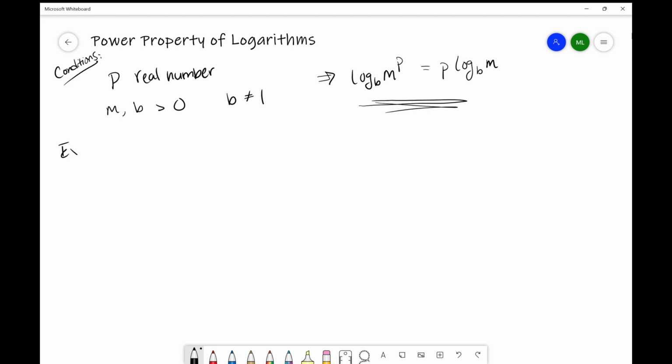Let's look at an easy example first, and then we'll solve another one. An easy example is log base 2 of 6 to the power of 5. Here's our power, 5.